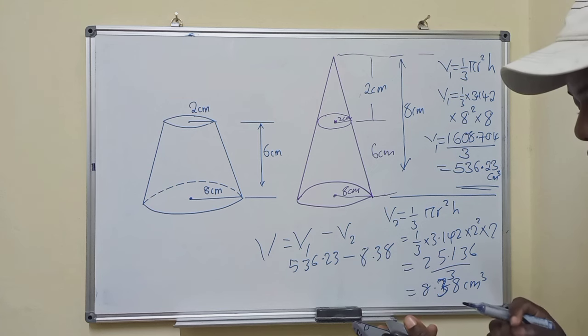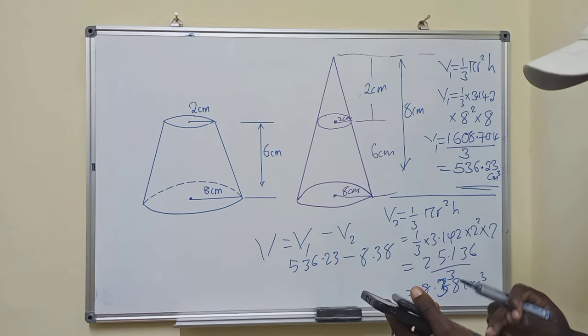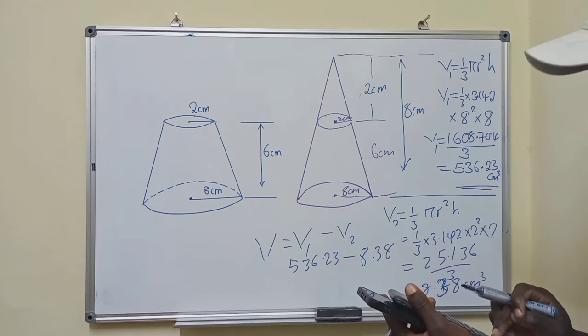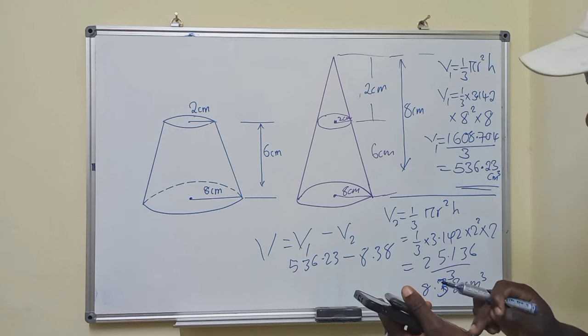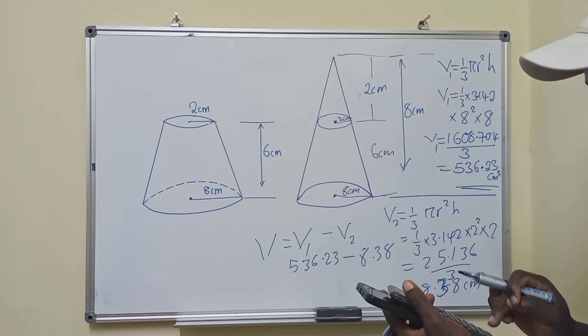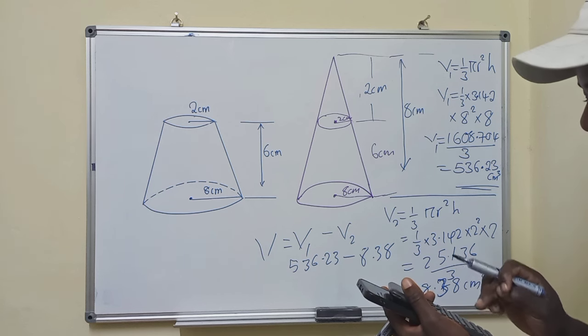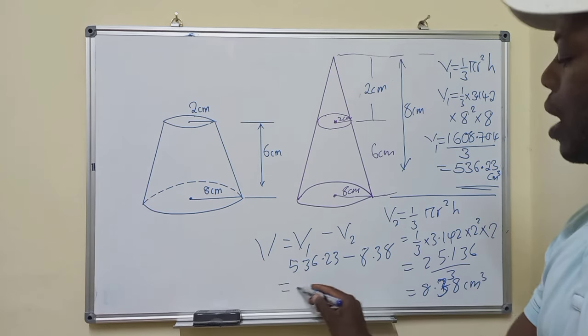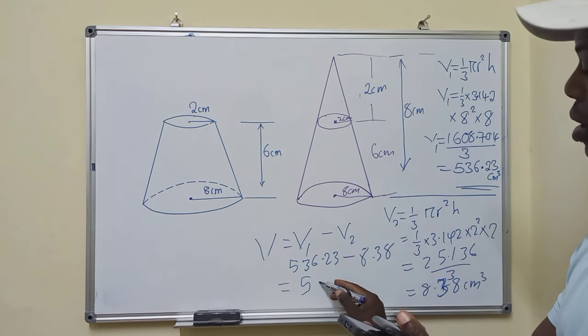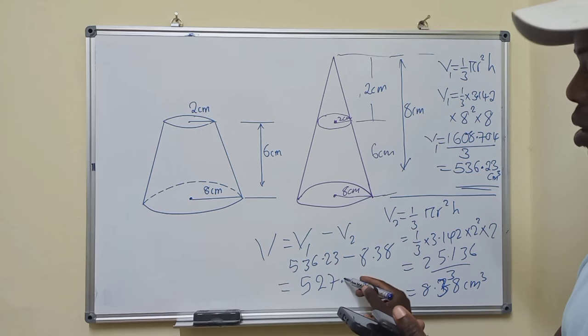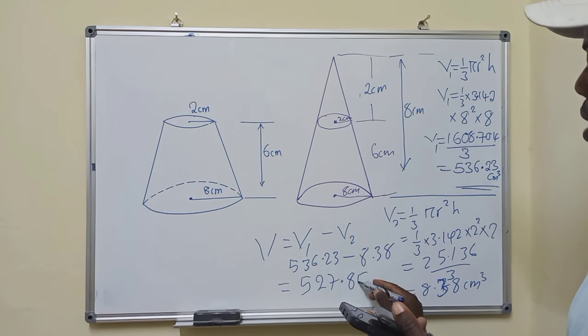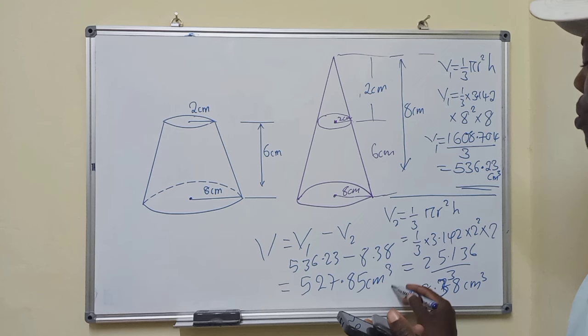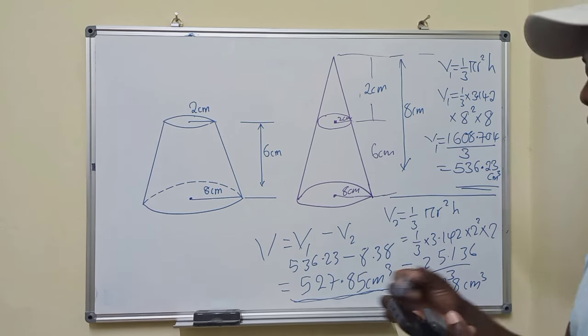So what answer are we getting? 536.23 minus 8.38, which is equal to, so our answer is right here, 527.85 centimeters cubed. This is our answer.